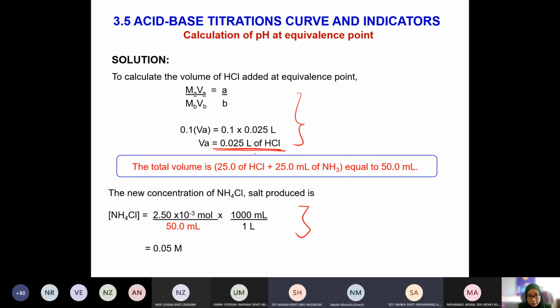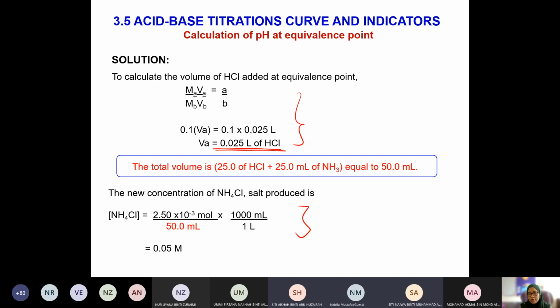Okay, sebab you kena remember the salt produced is due to the added titrant. Okay, dia neutralize kan, so dia akan produce the salt. So pada ketika itu salt tu volume dia tu dah berubah pada ketika itu.